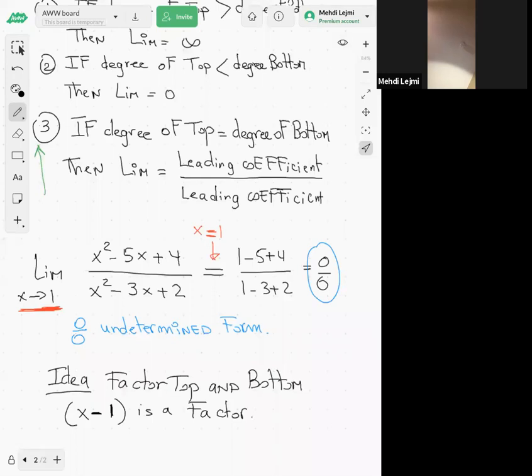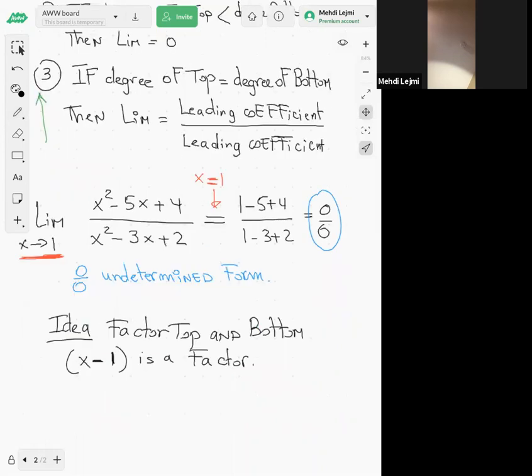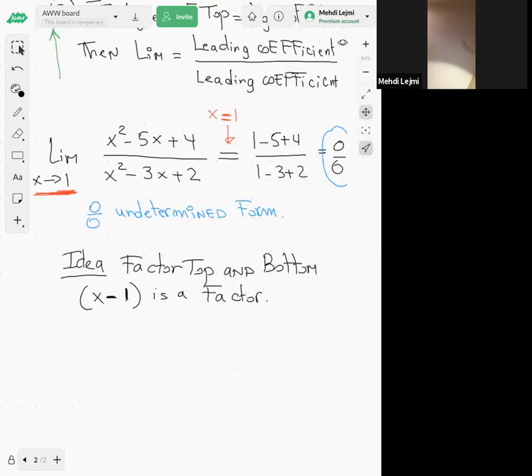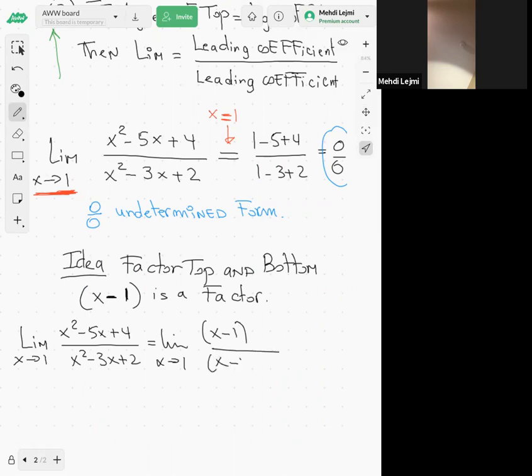So like here, limit x going to 1 of x squared minus 5x plus 4 over x squared minus 3x plus 2. And what I'm saying, guys, is that you have to factor out x minus 1 in the top and also x minus 1 in the bottom.